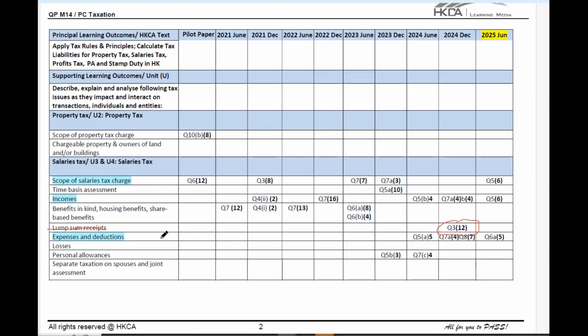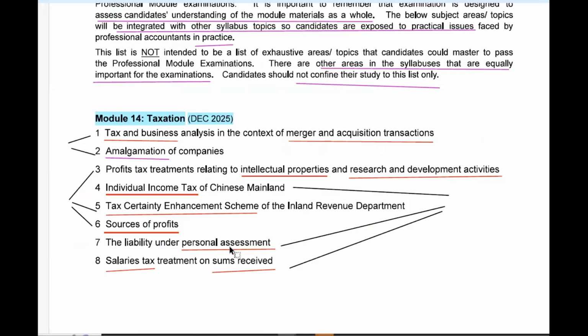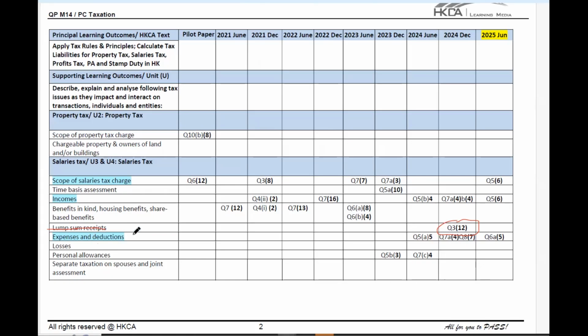It will still require you to learn a little bit because you have personal assessment. In order to calculate the personal assessment, you may be given some expense deduction issue. So here, expense and deduction, especially concessionary deductions under sales tax, will apply to personal assessment as well. Okay? Then move on to page 3.